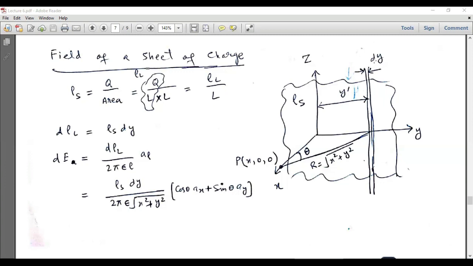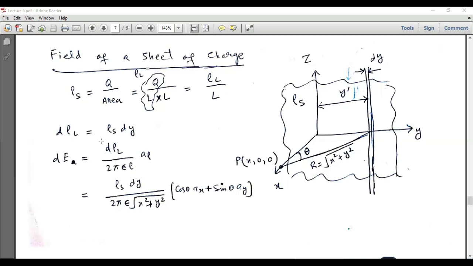So the width of this segment is dy, and the surface charge density will be equal to the line charge density divided by dy. So the line charge density will be equal to surface charge density multiplied by dy.